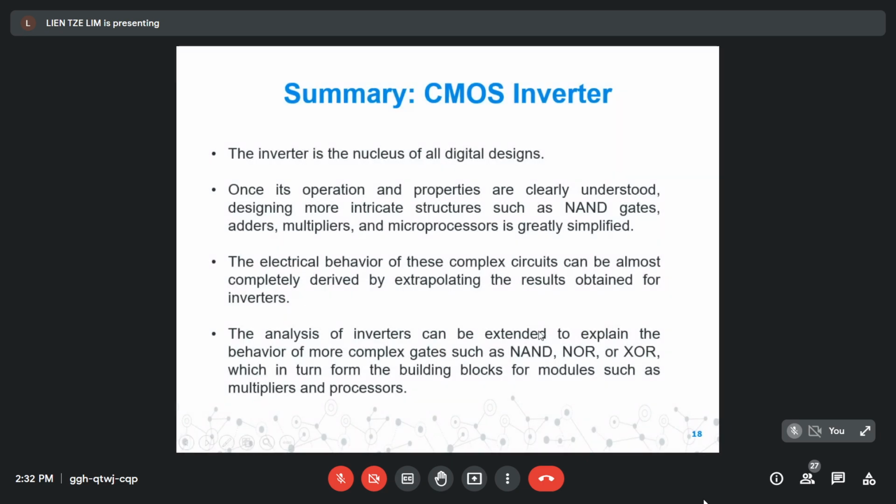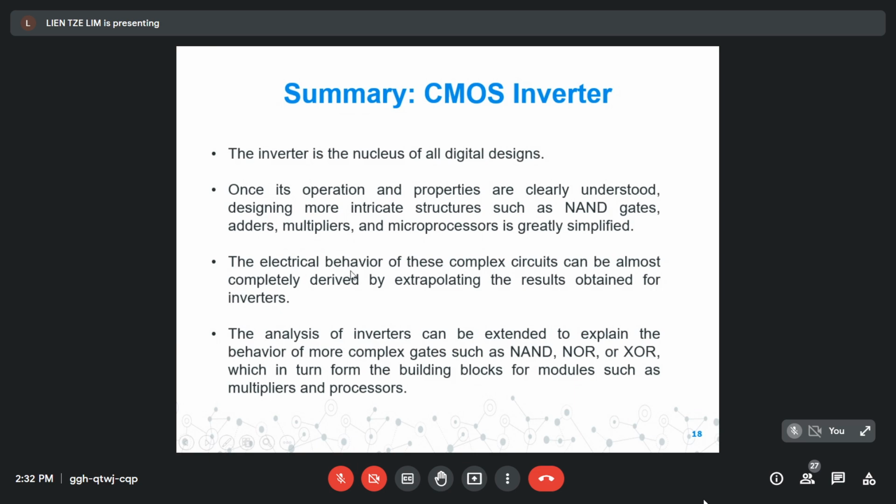So as a summary, the inverter is the nucleus of all digital design. Once its operation and properties are clearly understood, designing more intricate structures such as NAND gates, adders, multipliers, and microprocessors is greatly simplified.